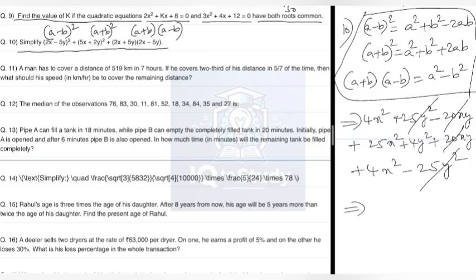Which becomes 33x square plus 4y square, which is the final answer.